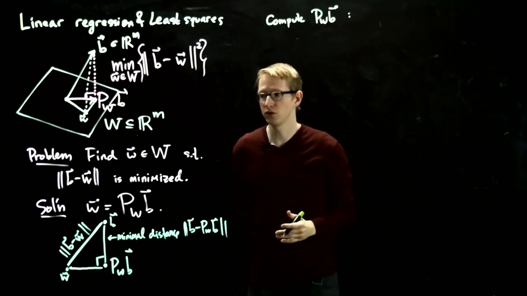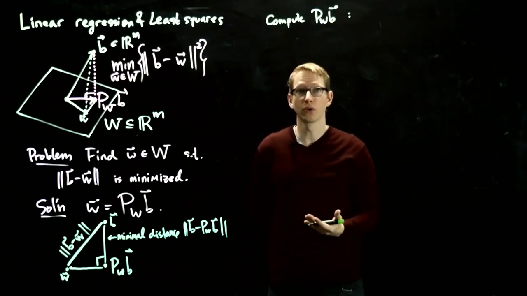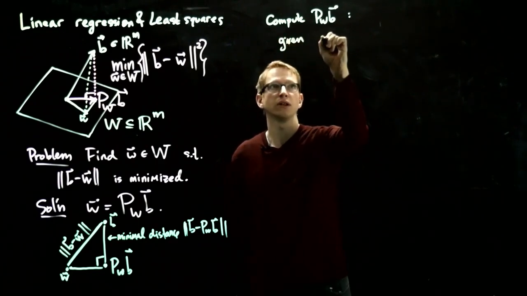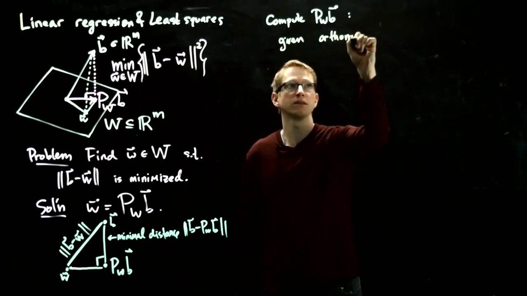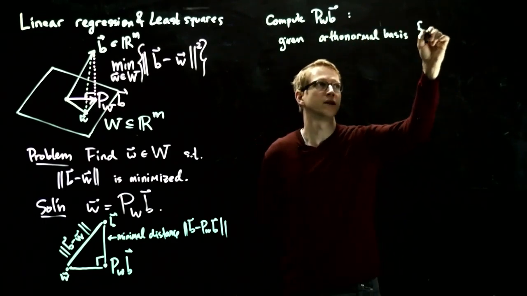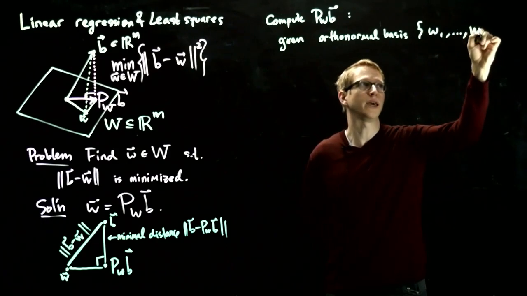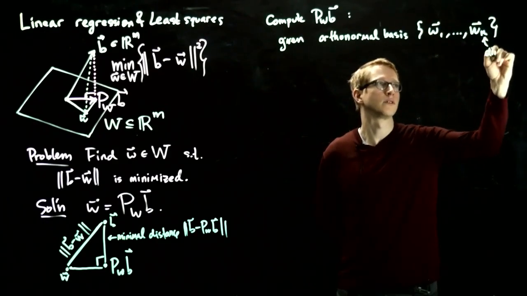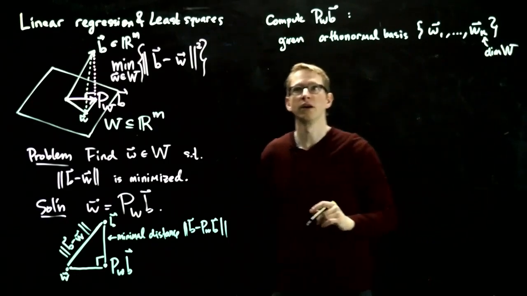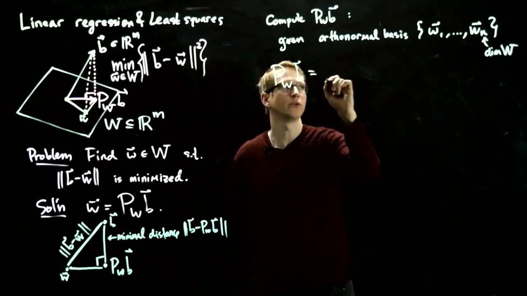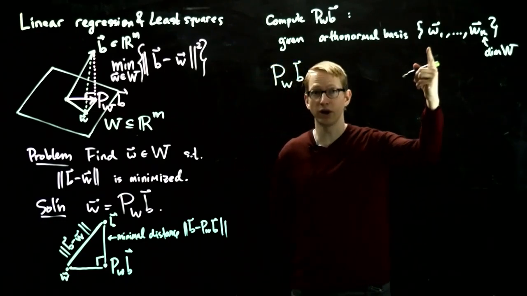So one way is to actually find an orthonormal basis of W. So given an orthonormal basis, let's call it w_1 up to w_k, let's say k is the dimension of W. Then the projection of B onto W is just take the dot product.